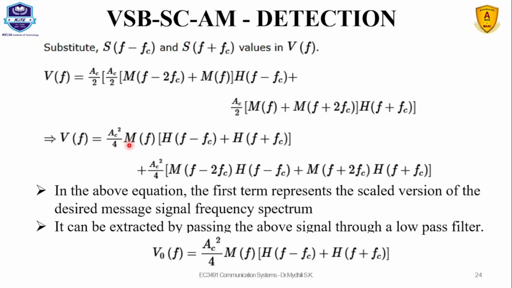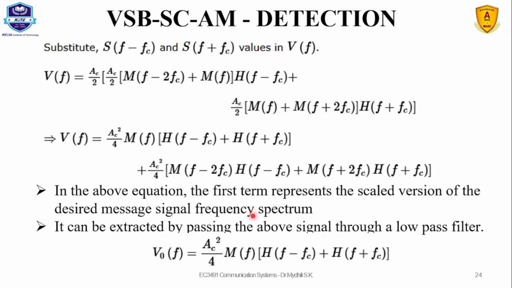V of f, when finally solved, gives Ac squared by 4 with M of f taken outside, and all the other terms in terms of H of f rewritten. In the above equation, the first term represents the scaled version of the desired message signal. We want only the message signal, and the other terms are scaled versions of the signal spectrum.